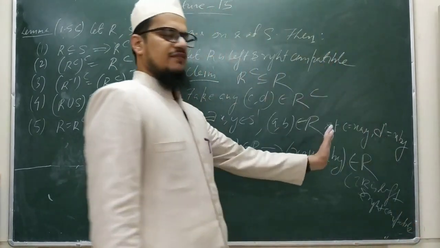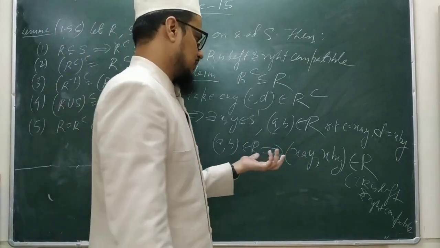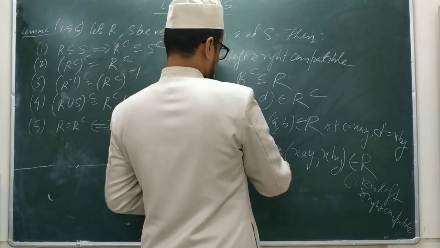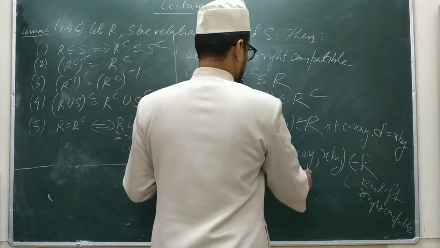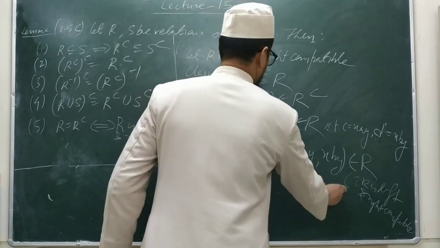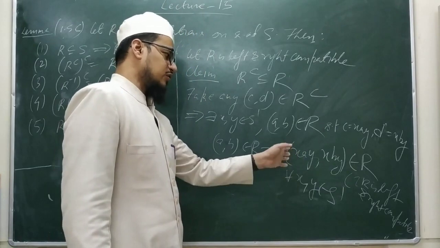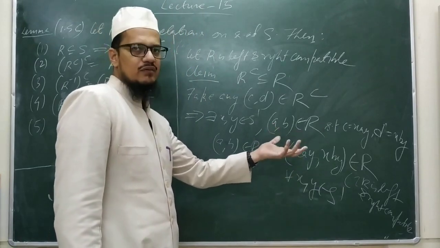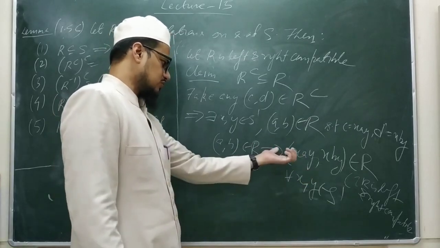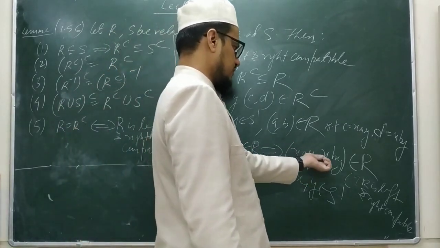You can multiply from the left side or you can multiply from the right side because it is left as well as right compatible. So it implies that (XAY, XBY) is in R for every X, Y belonging to S1, because here for every X, Y belonging to S, and of course S is a subset of S1. Also for 1 it is true, if you take 1 into A into 1, and 1 into B into 1.